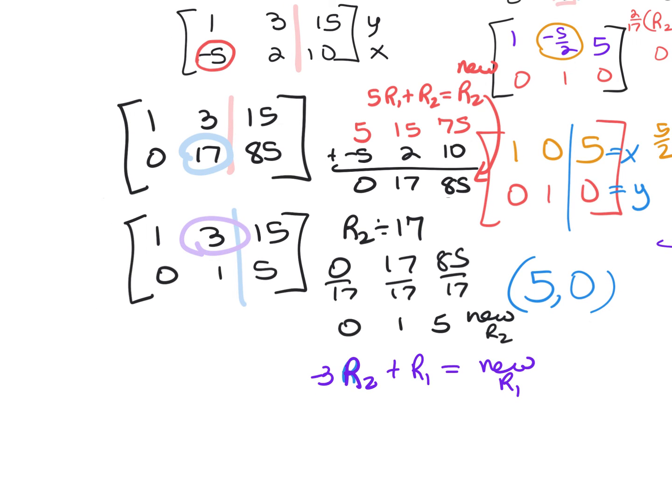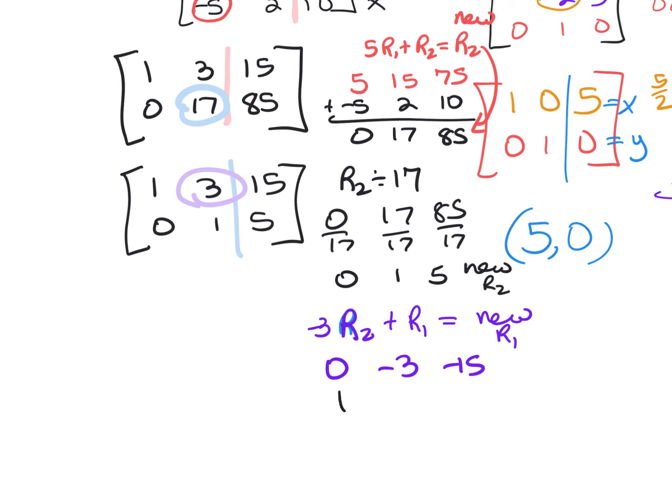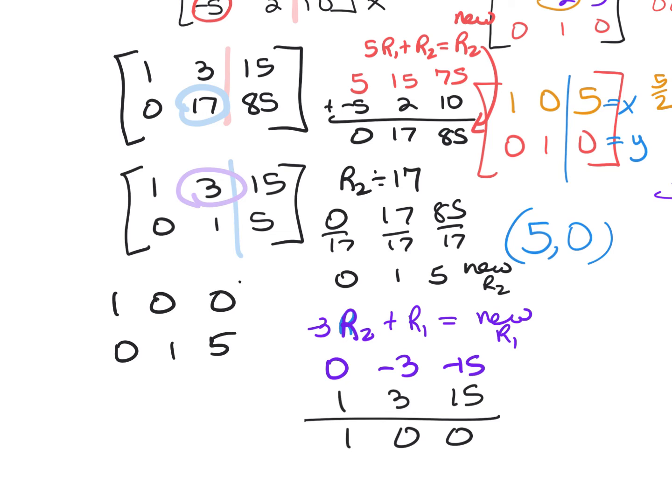So once I multiply row 2, I get 0, -3, -15. Going to add that to the current row 1. And then I get 1, 0, 0. And now I'll fill that in. 1, 0, 0. Rewrite row 2.